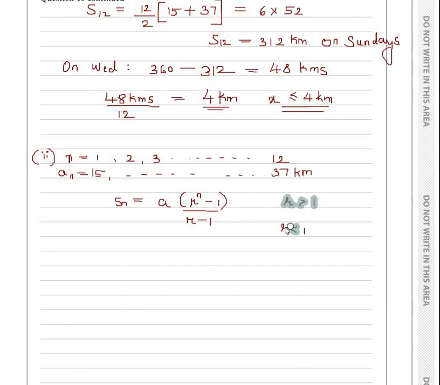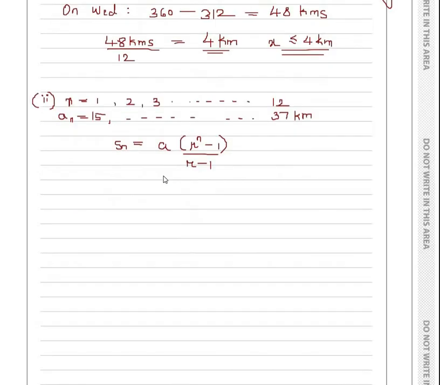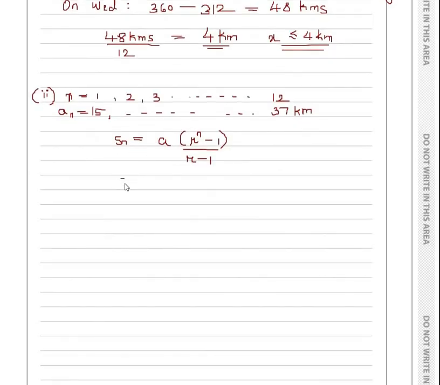Now, let us find out how much he has run using training model B. So, S12 is equal to, the first term we are going to take as 15, then we got r as 1.0855, to the power of 12 minus 1, divided by 1.0855 minus 1. So let me do this one by one.